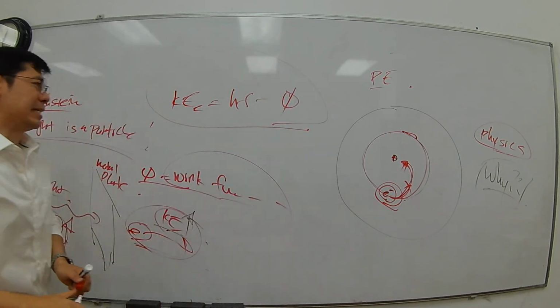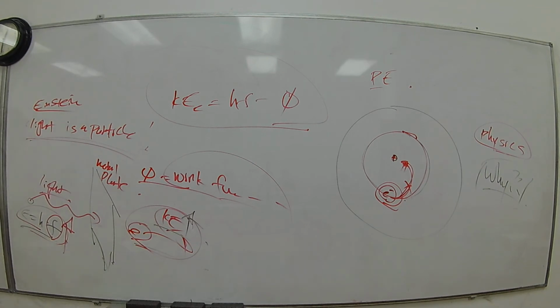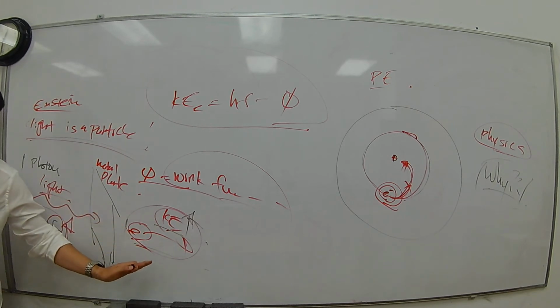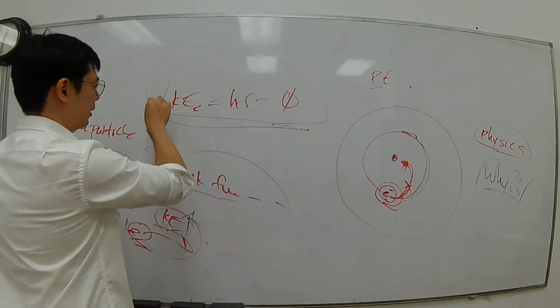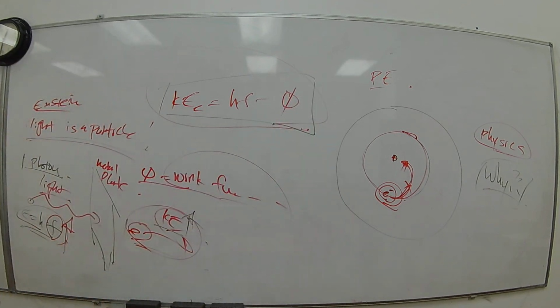It's a 1-to-1 ratio, so he started calling light particles photons. One photon, one electron. One photon cannot take out two electrons. It's acting like a particle here. That's why the term photon keeps coming up. That's Einstein's photoelectric effect, and that's the equation. There's a lot of physics involved, guys, but the idea is something that's known.